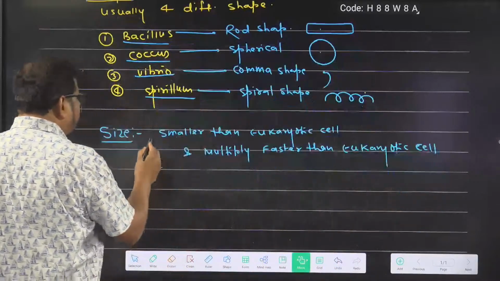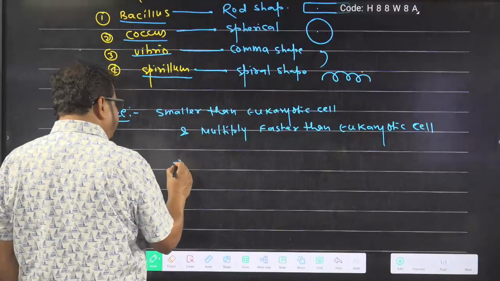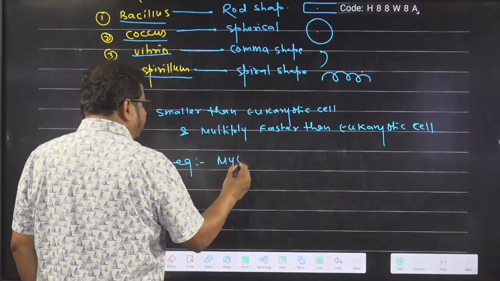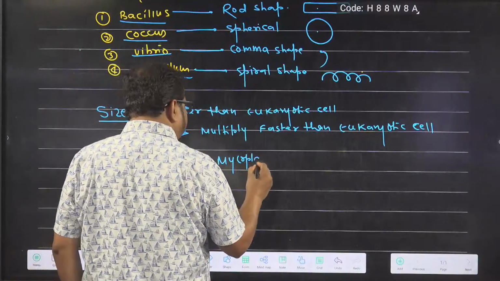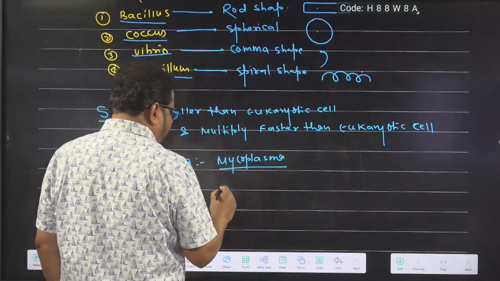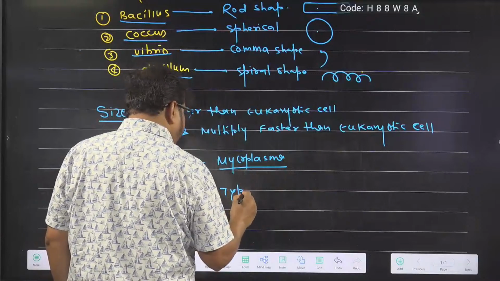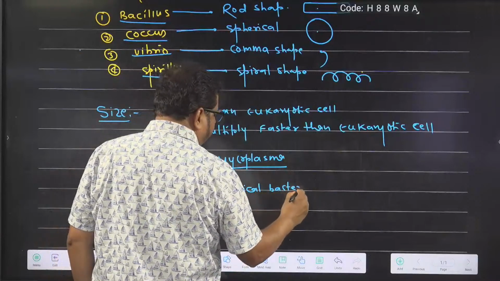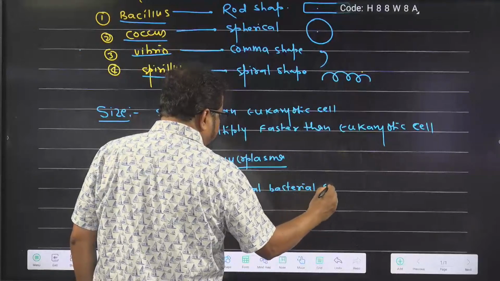Now if we talk about examples of size, you help me. I told in the last class, I just want to check how many of you are able to recall mycoplasma. Tell me the size, and tell me the size of a typical bacterial cell.